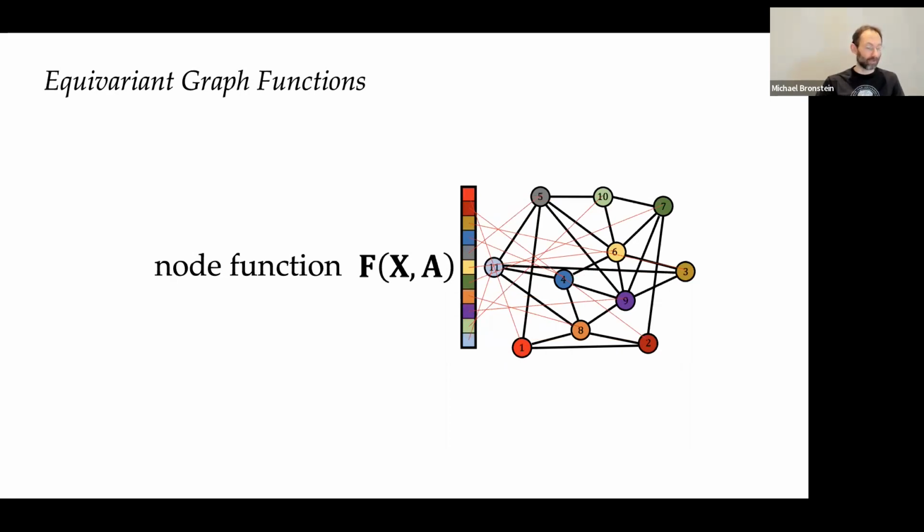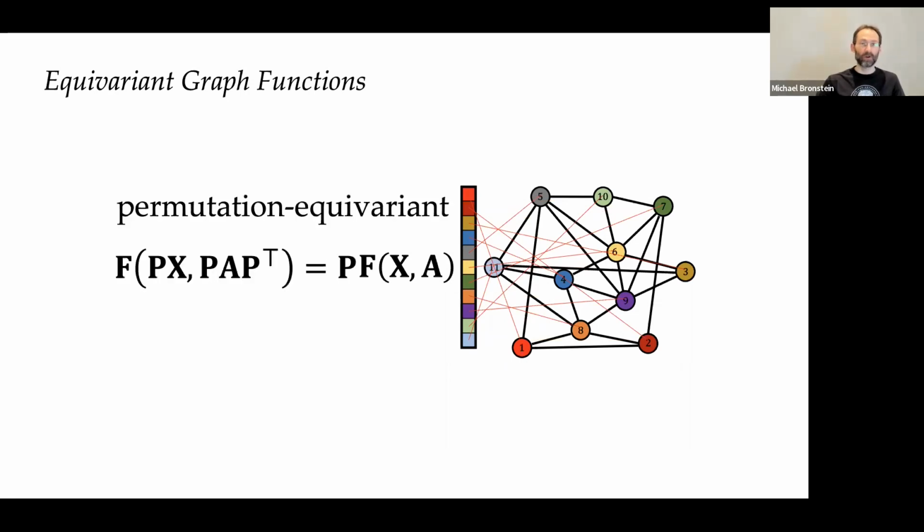And in this case, I want the function to change in the same way as the input with the ordering of the nodes. So in other words, this function is permutation equivariant. So you see that there is this matrix P here that appears.